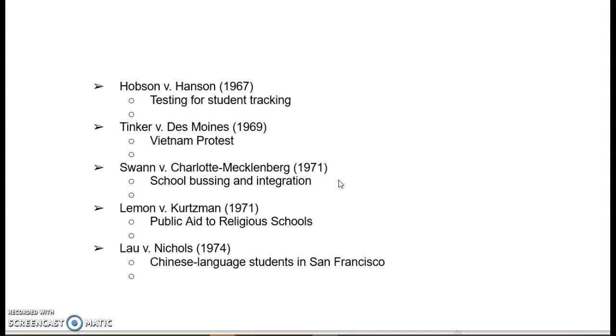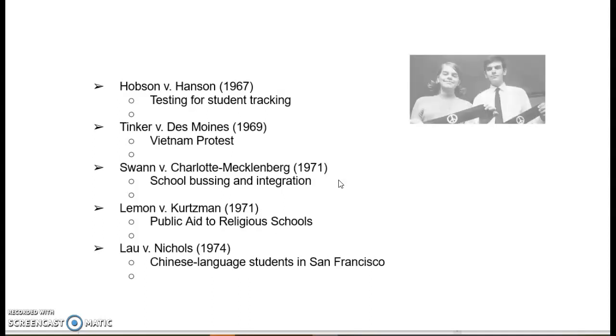Throw out a few more things for you. Hobson versus Hansen: the school district was tracking students, and there seemed to be racial discrimination. That court case also involved some busing issues. Tinker v. Des Moines was about students who were protesting the Vietnam War, and they went to the Supreme Court, and their right to free speech and to advocate against the Vietnam War was upheld.